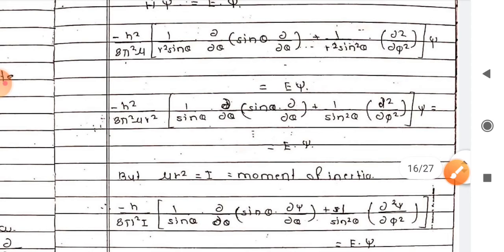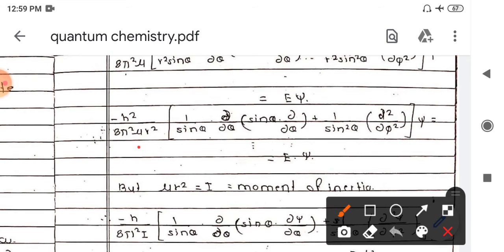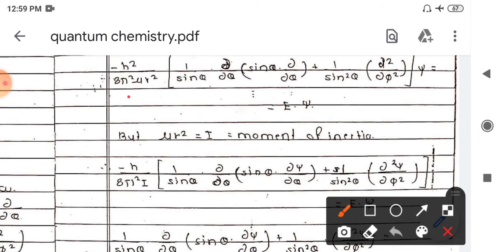Next, we multiply the whole equation by r square, or simply take this r square term out of the bracket. So we get r square here.